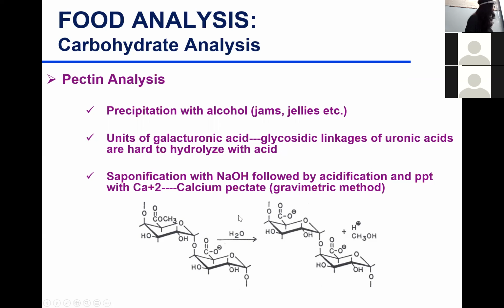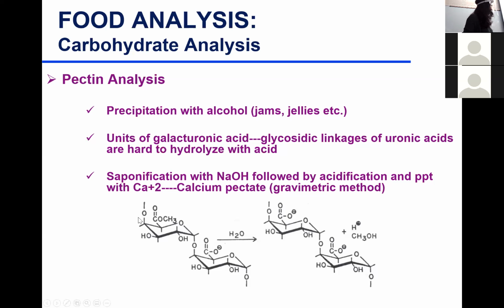The saponification is going to de-esterify. That's what you know with saponification, it is a de-esterification approach. So it's going to break the methyl group, and you'll end up having a carboxyl group here and a carboxyl group here.